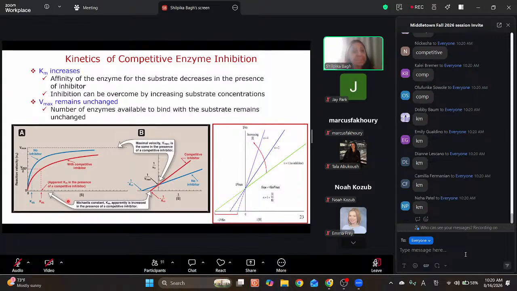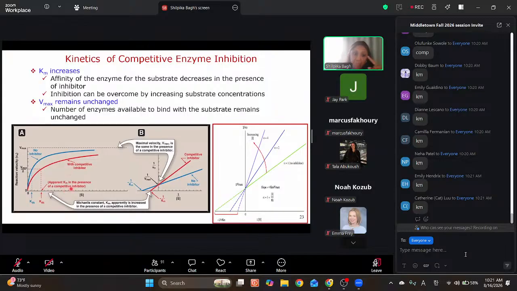Also, you can overcome this inhibition by increasing substrate concentration. So when you increase substrate concentration, what increases? Km again. So you can understand why Km is increasing, but finally you've got to get comfortable with the graphs.